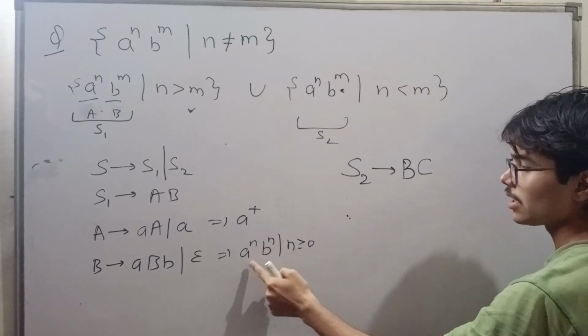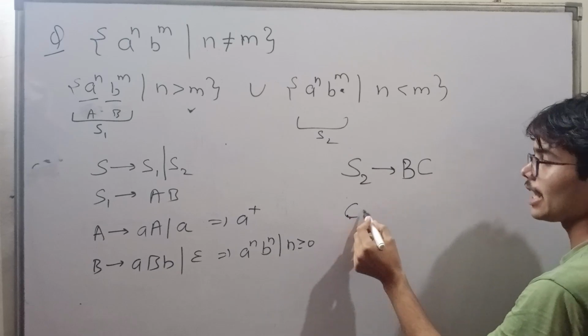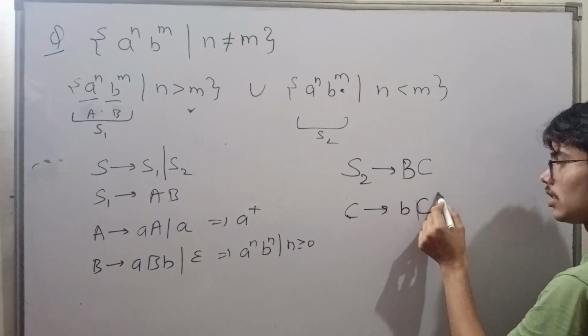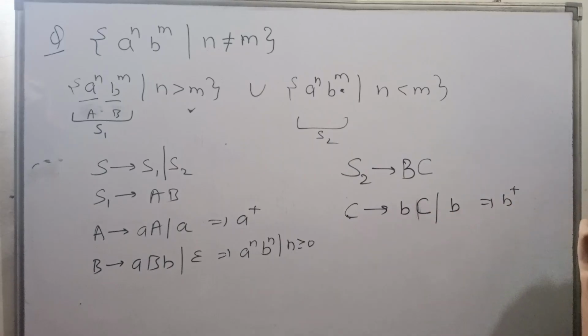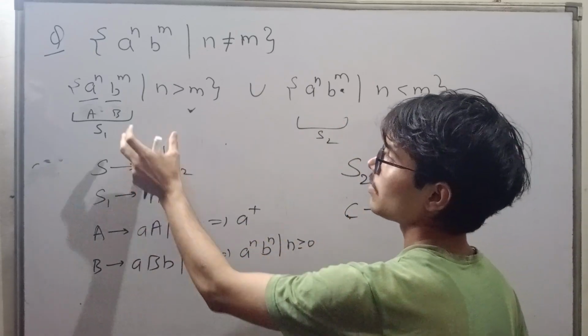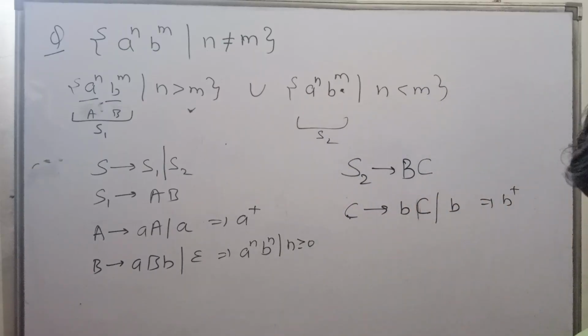So b is here, a and b both are equal, and for c I write b plus, b c b. So this generates b plus. This has to generate this, and then combined, both are a union. That's how I solve this question also.